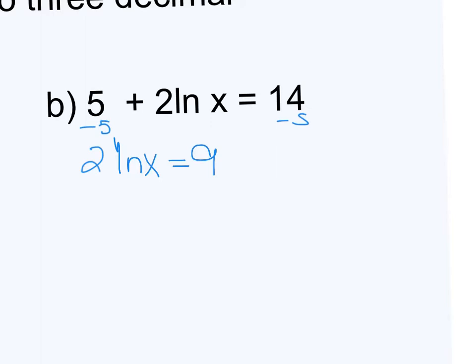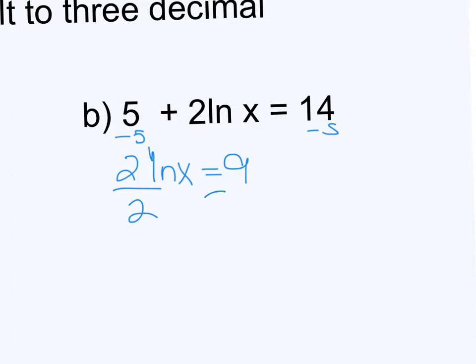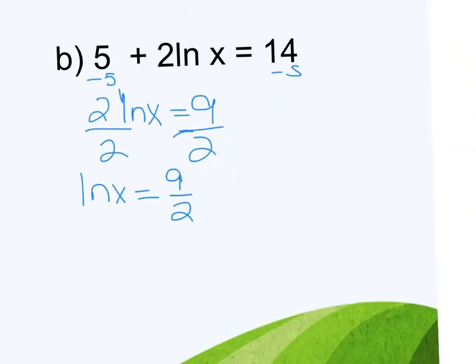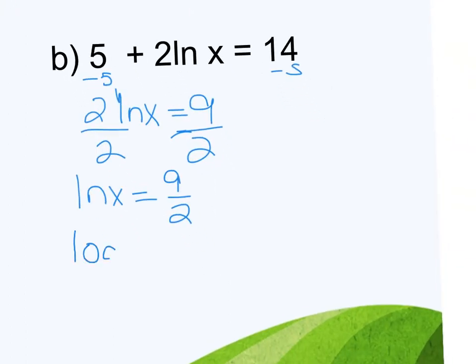And then I actually have two choices here. What's one way to continue this? Okay. Divide by 2. And I get ln of x equals 9 over 2, and then change it to log base e of x equals 9 over 2.